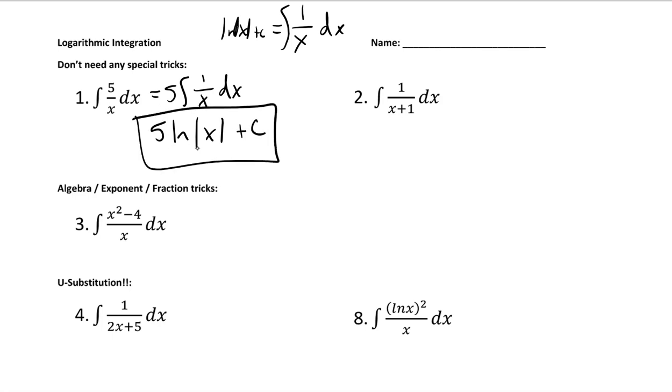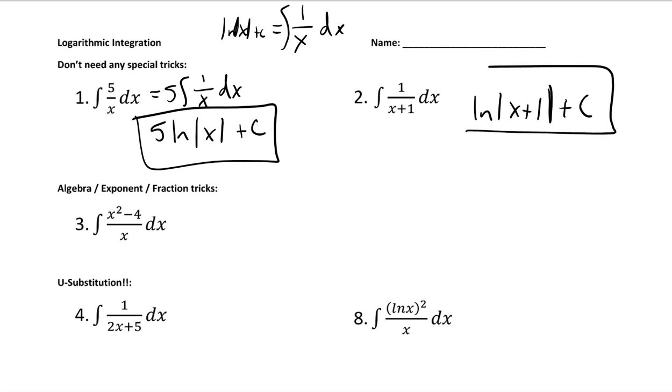So if we were to take the derivative of this, we would end up with that, and so that's why that's the answer. So as long as there's no chain rule piece to it, then it just fits this format and is fairly straightforward. So question 1 and 2 are really just testing to see if you know this property.